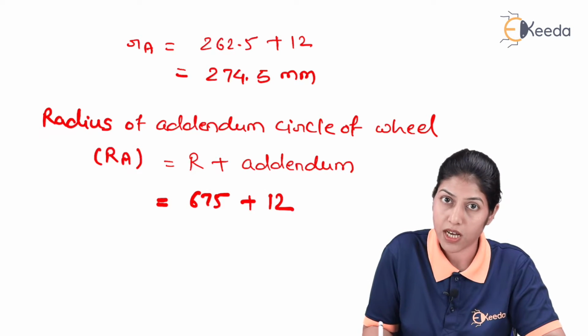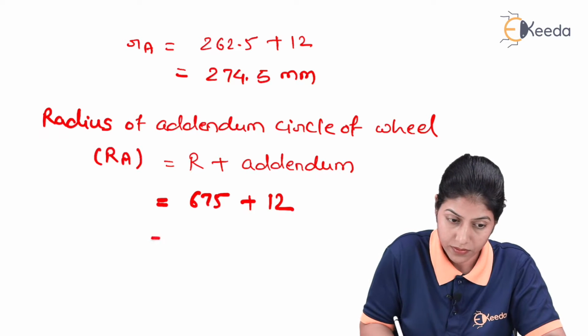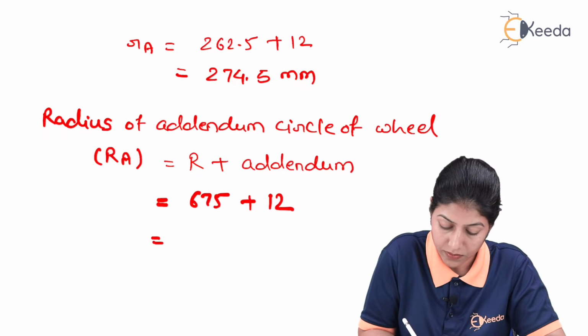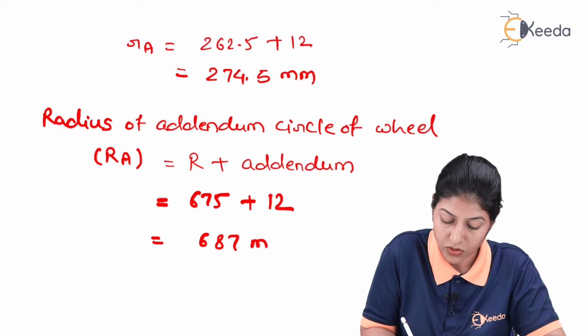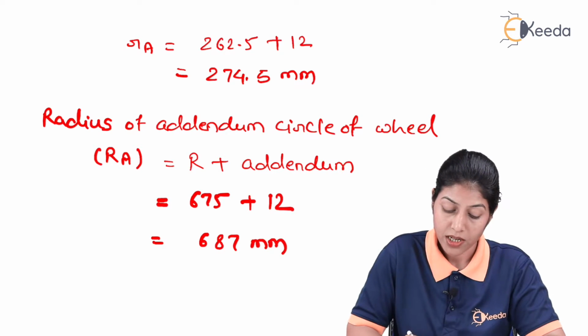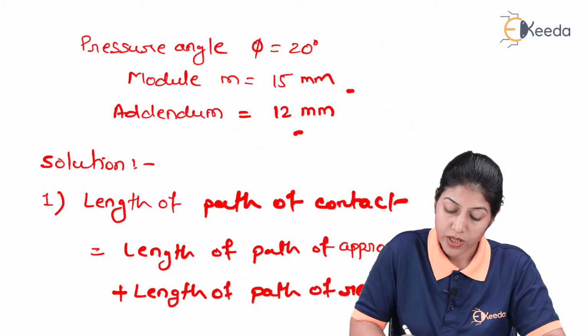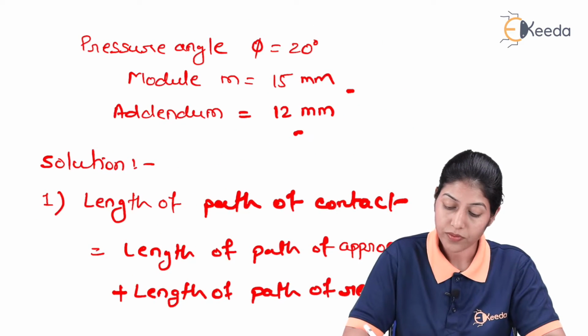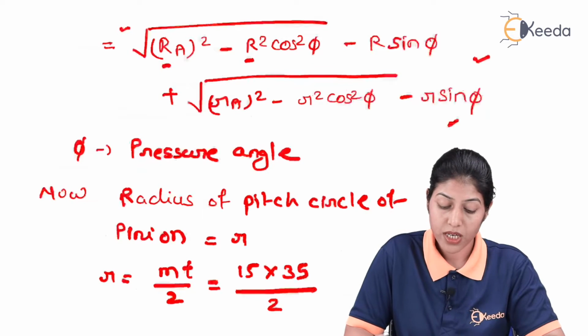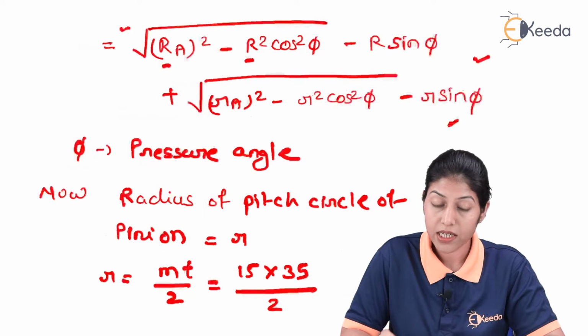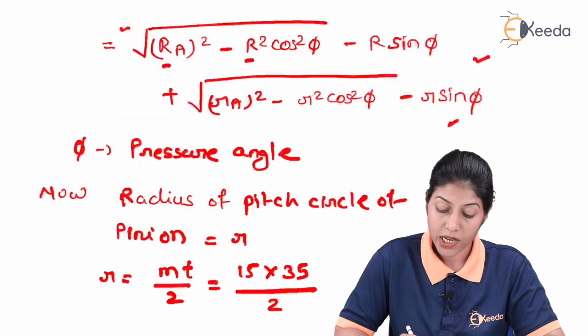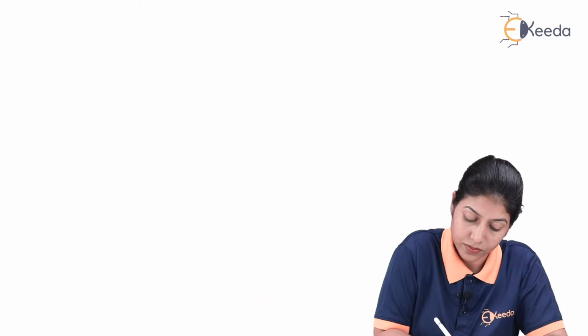So we'll get the value of RA, which is 687 mm. Now we have all the values. So with the help of this particular equation, we can define the exact value of length of path of contact.